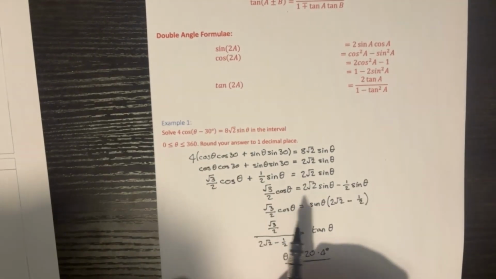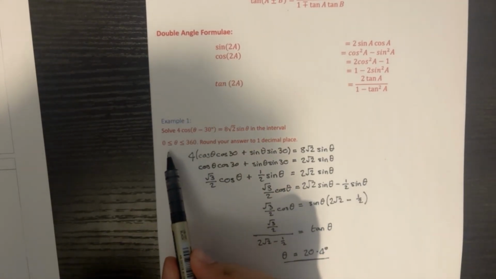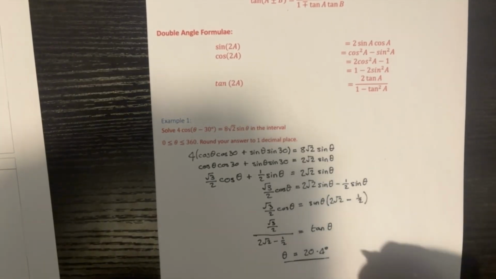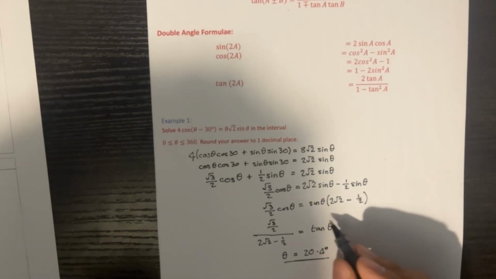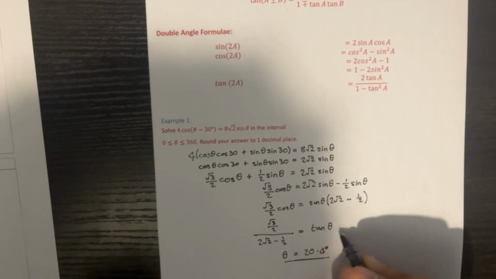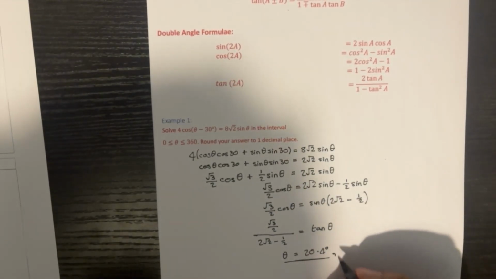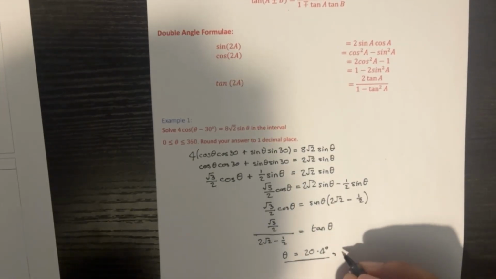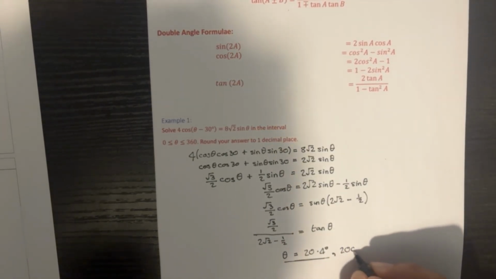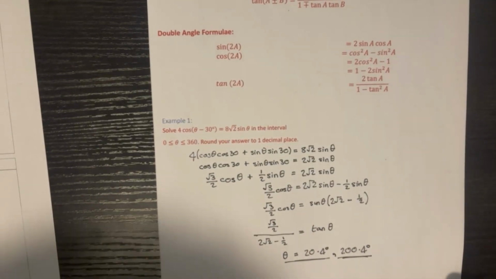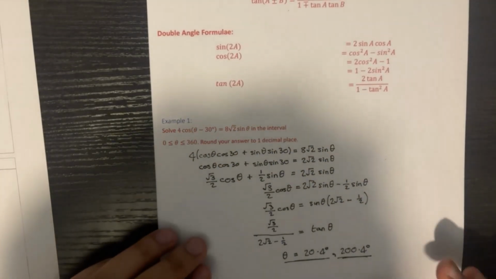If I just look back at the question, we were asked to find the values of theta between 0 and 360, and tan theta repeats every 180 degrees. So we have another solution by adding 180 degrees to what we've got here, and that would give us 200.4 degrees. And that there is another solution in the interval that we were given.